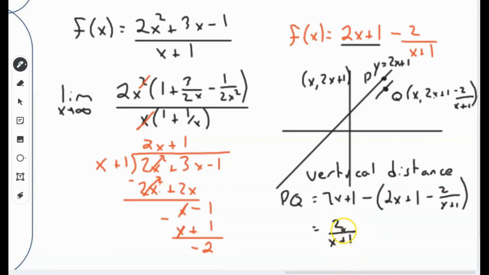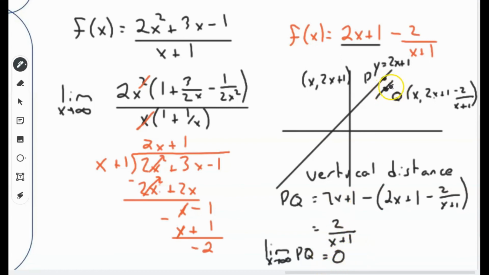And I want you to notice that if I take the limit of the vertical distance between P and Q as that value of x approaches infinity, you can look at this and you have a 2 over x plus 1. It's 0.